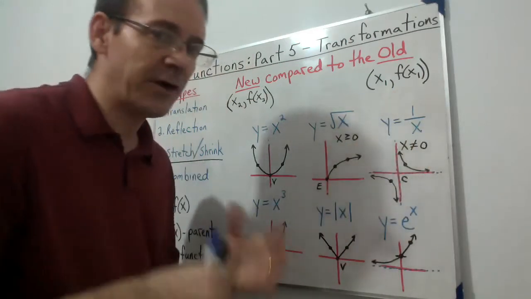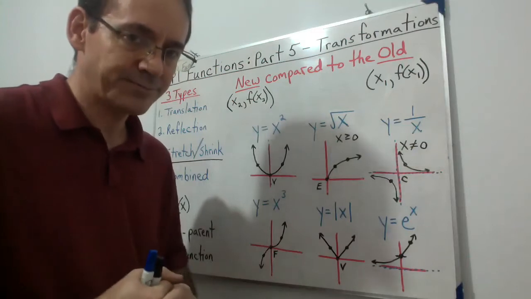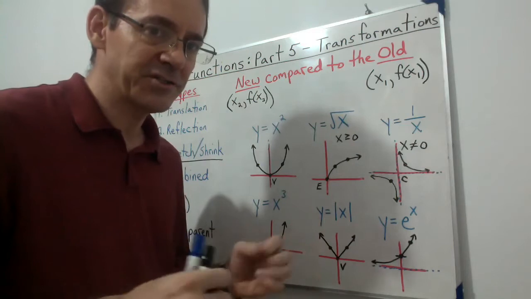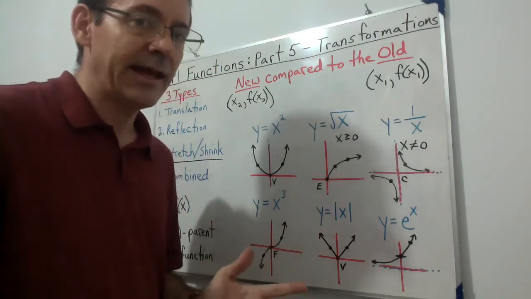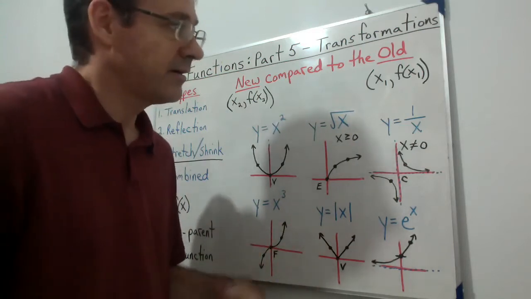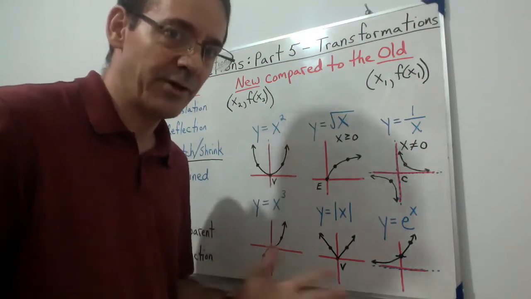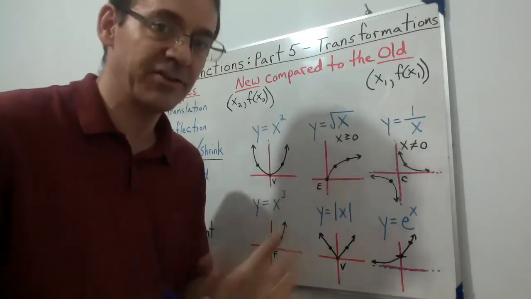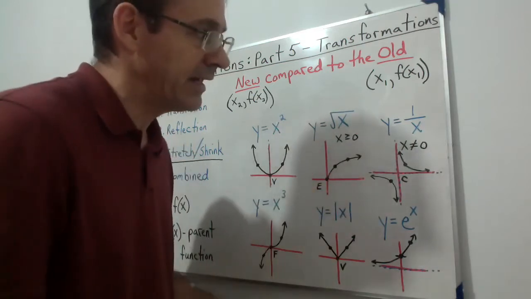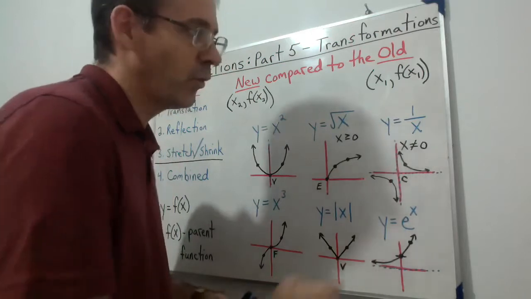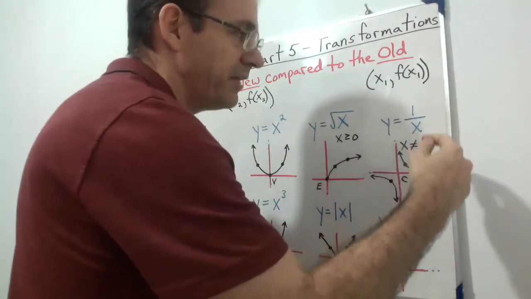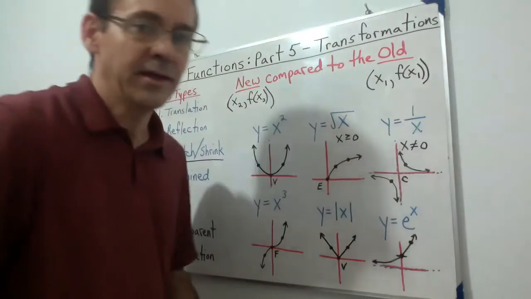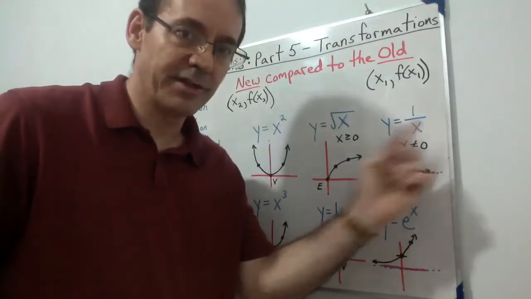Reciprocal functions fall under a broader category called rational functions. Now, rational functions can get quite complicated, and it would take at least another video, if not 2, just to explain how to graph rational functions. Obviously, we're not going to do that. But in rational functions, what you do is you compare the exponent of the variable on the numerator with the exponent of the variable in the denominator.